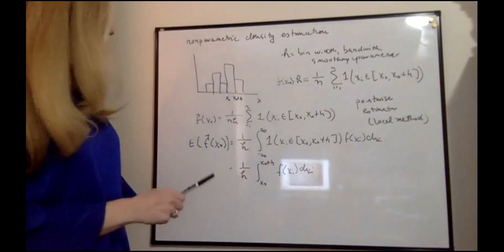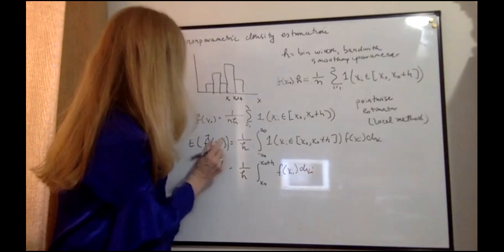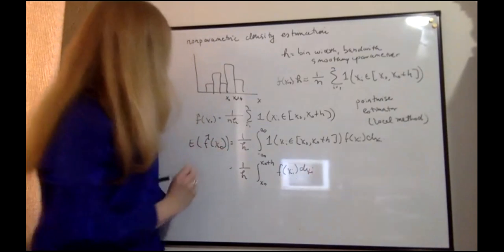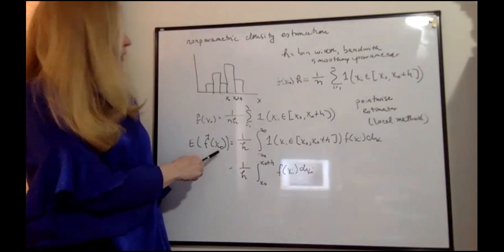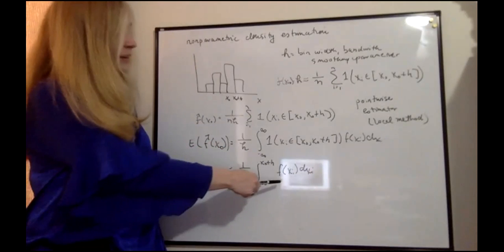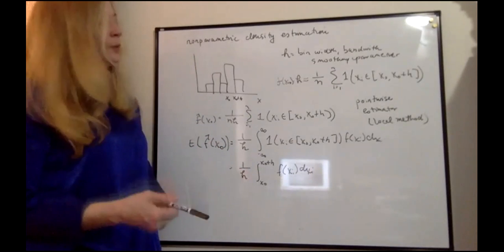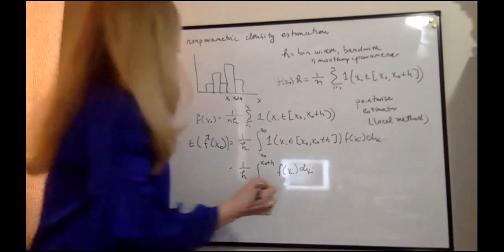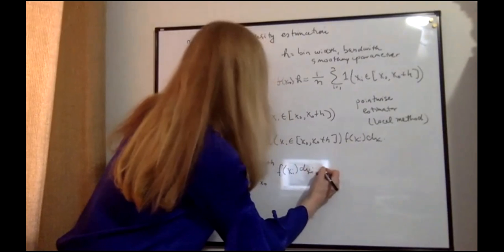All right, and at this point, we're trying to estimate f of x naught, even though the x naught may be hard to see with my handwriting, but this is what we're trying to estimate. So we're going to Taylor expand f of xi around the point x naught. Okay, so let's see where I can put this.